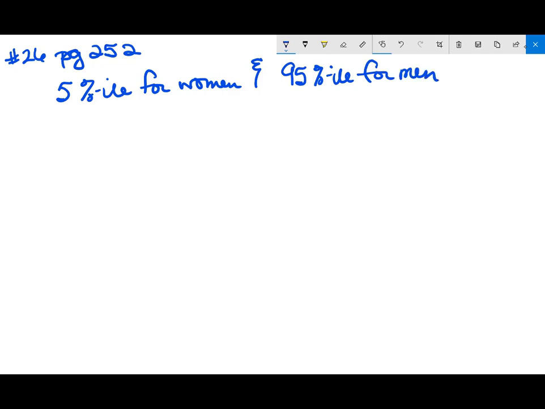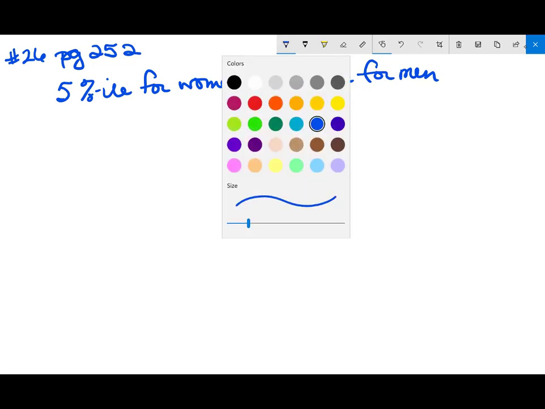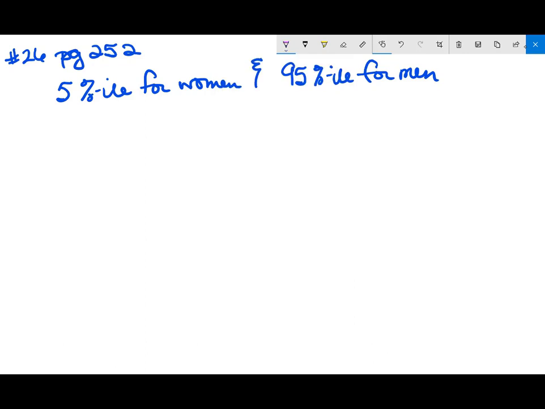Okay, so I'm going to use a little color coding here. So let's do for women. We know that we're looking for knee heights.